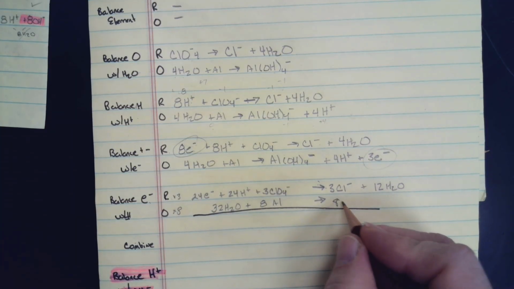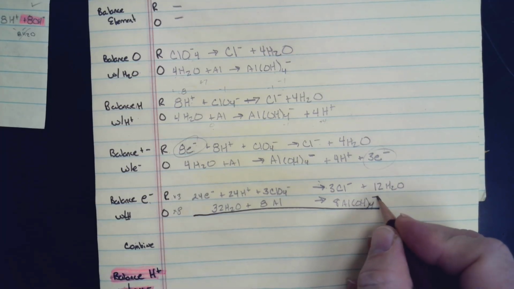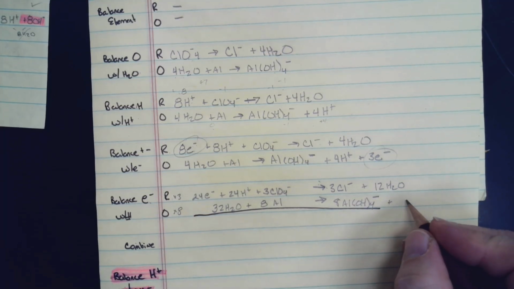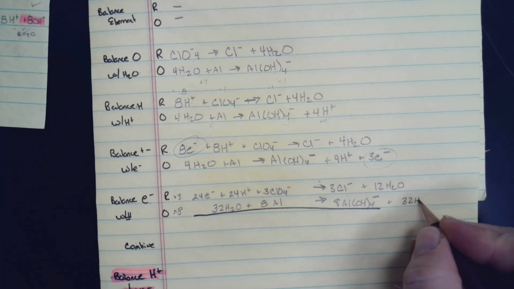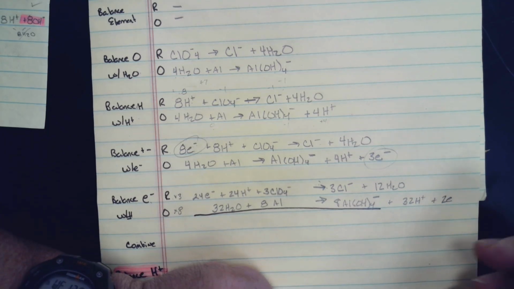I'm going to have 8 aluminum hydroxide ions plus 32 hydrogens plus 24 electrons.